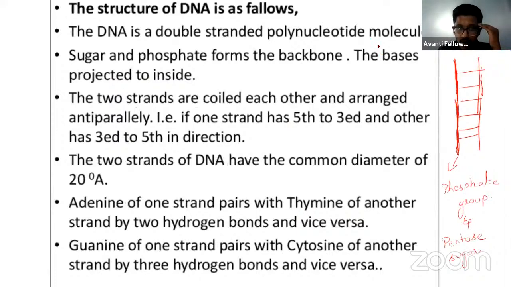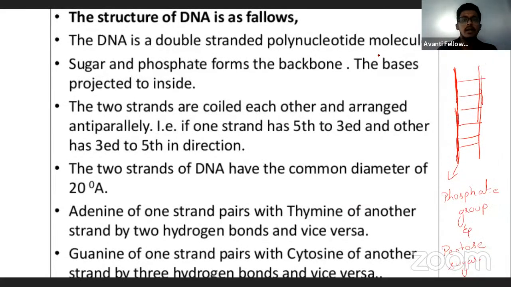Someone asks, sir, why do we call that 3 prime and 5 prime? What does it mean? See, it's a terminology. I don't remember the term, but I have heard 5 dash end, 3 dash end. I remember long back, even when we were in 12th, one of my teachers referring to it as 5 dash end and 3 dash end.